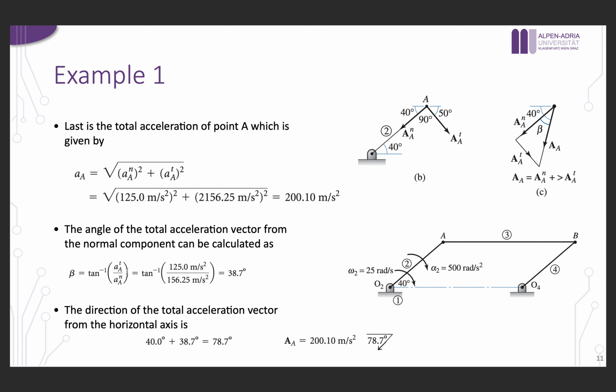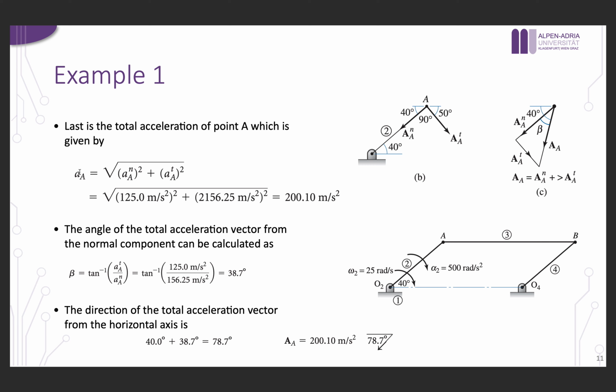Now for the total acceleration, as I said, it is a sum of two vectors. So the first thing to do is apply some vector laws. If I project this total acceleration on the radius of movement and on the linear velocity axis, then I get two accelerations, and these accelerations are tangential and normal.